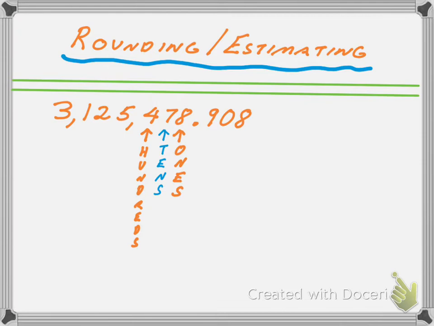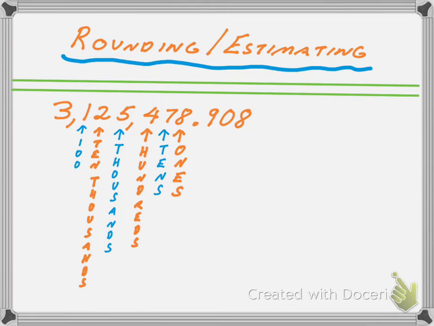Another common place that we sometimes round to, especially when working with big numbers, is where the 5 is, and that is in the thousands place. Now this pattern of ones, tens, hundreds continues into thousands, 10,000s, and 100,000s.